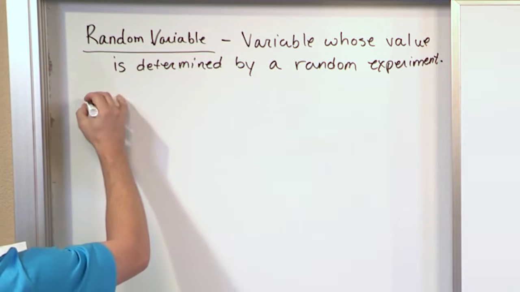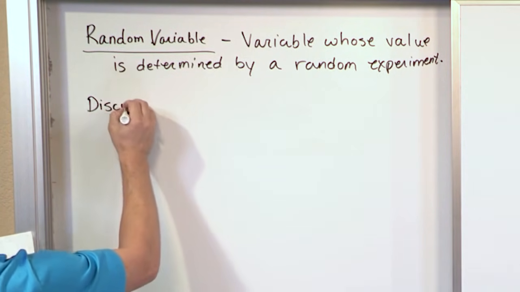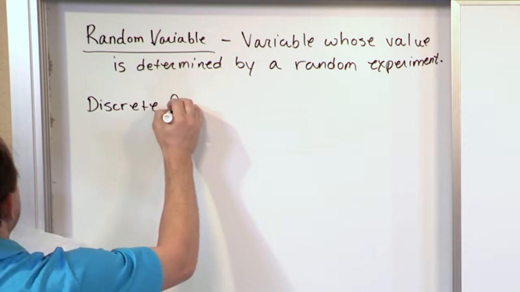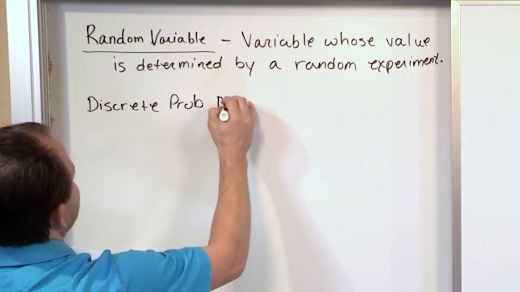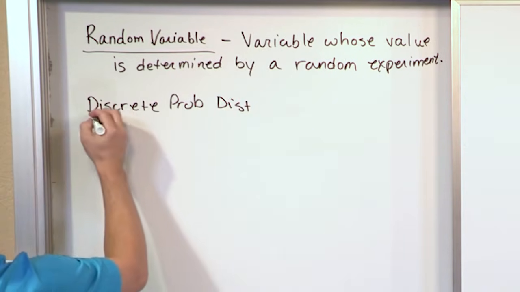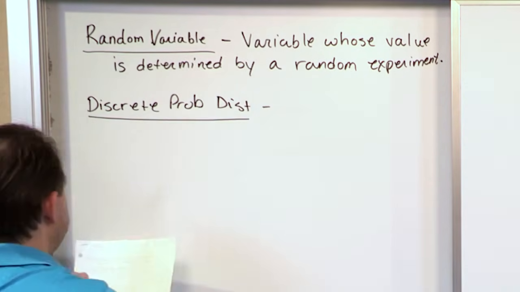Let me show you what the idea of a discrete probability distribution is. For probability, I'll just do prob like that. And for distribution, I'll do dist like that. So this is a discrete probability distribution.